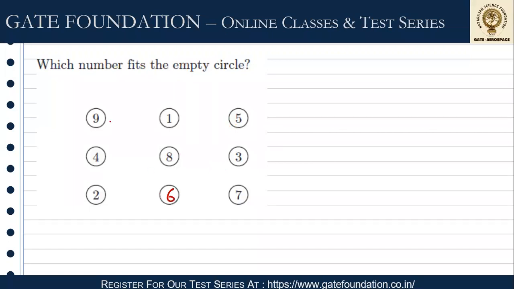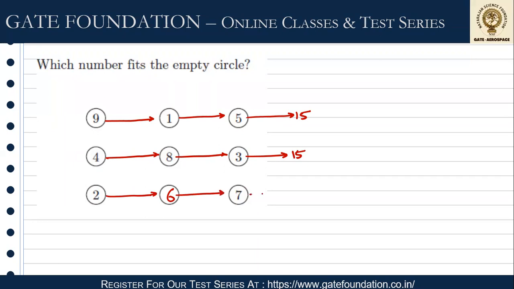If you add them like this, 9 plus 1 is 10, and 10 plus 5 gives 15. Similarly, 8 plus 4 is 12, and 12 and 3 is 15. 6 plus 2 is 8, and 8 and 7 is 15.